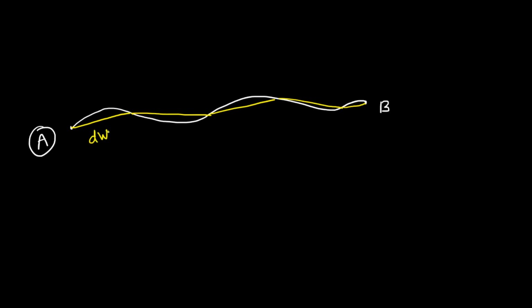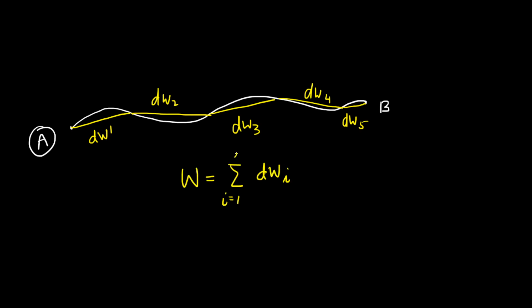Call them dW1, dW2, dW3, dW4 and dW5. Add up the work done on all these parts, make smaller and smaller parts, and then the total work done, which is the summation of all the work from 1 to infinity by making it up into really small parts, is equal to the final kinetic energy minus the initial kinetic energy.